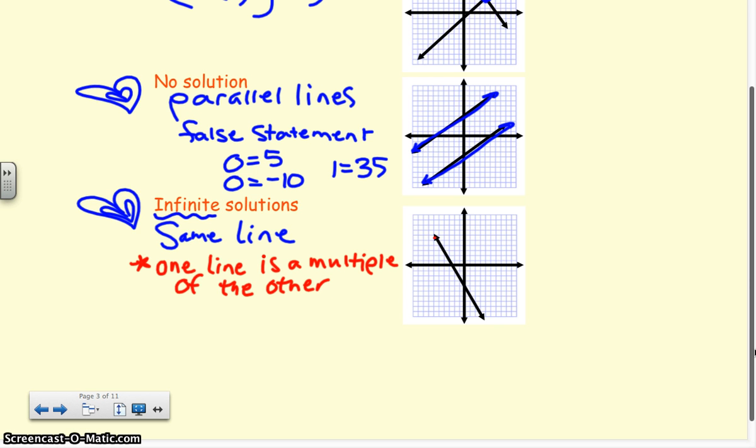And so they'd really be lying on the same line. So if the solution is infinite, that means they intersect at all of these points, the whole entire line, and it will go to infinity.